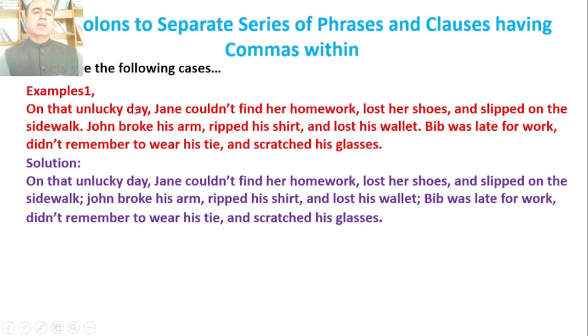That day was unlucky. It was unlucky for Jane, it was unlucky for John, and it was unlucky for Bibb. The case for everyone is the same. It was an unlucky day for all three people.